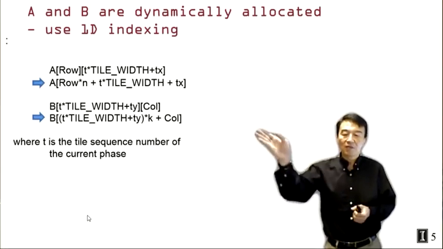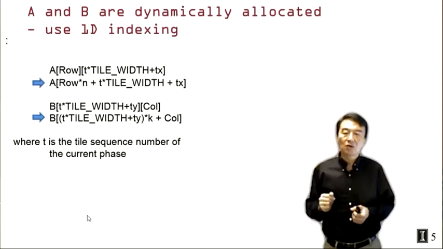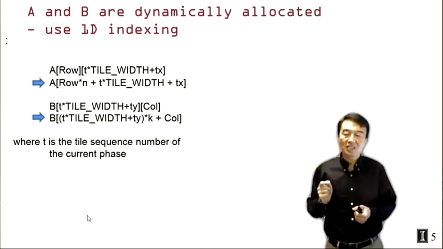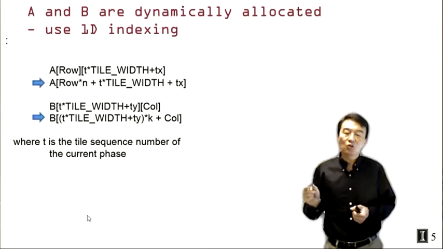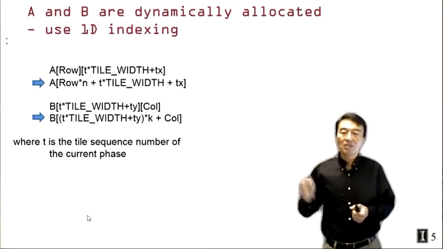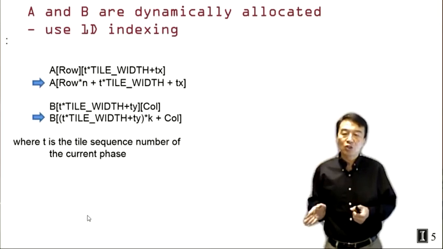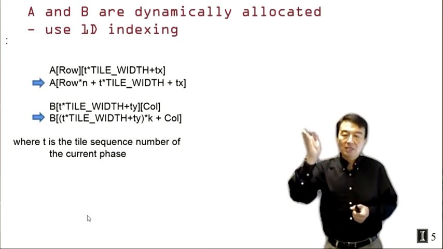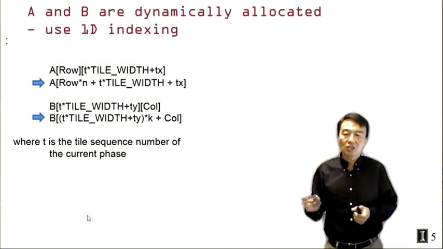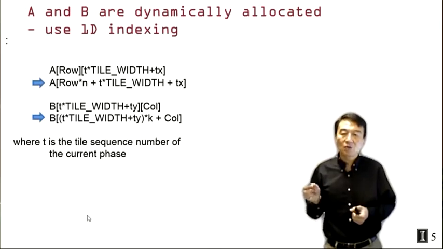But for the X index, we're going to multiply tile width by T and add it to the thread index in the X dimension. For the B elements, we have a very similar calculation. The Y direction index is going to be calculated by T times the tile width plus the thread index in the Y dimension.